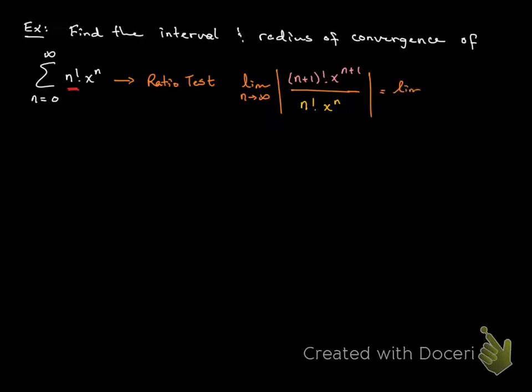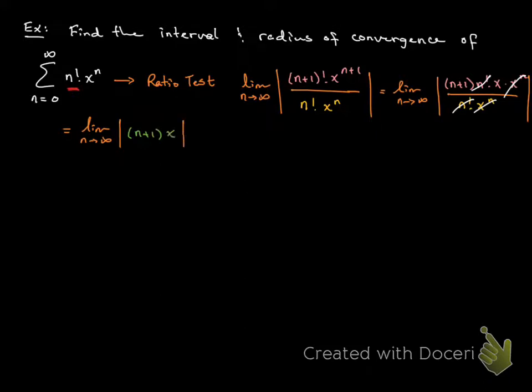I can pull off my factorial here, have an n plus 1 times n factorial, and an x to the n plus 1. I'm going to pull off an x and have x to the n there left over. I see these cancellations, right? N factorials cancel, x to the n's cancel, and I'm left with n plus 1 in absolute value times x.